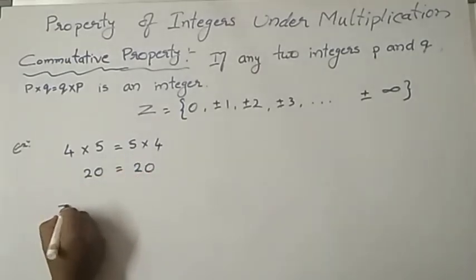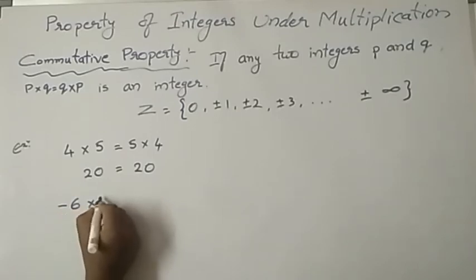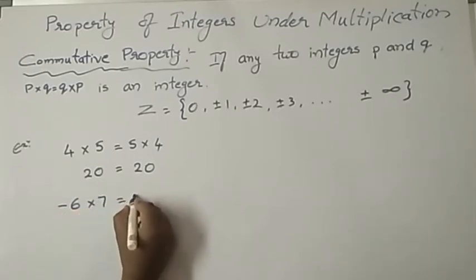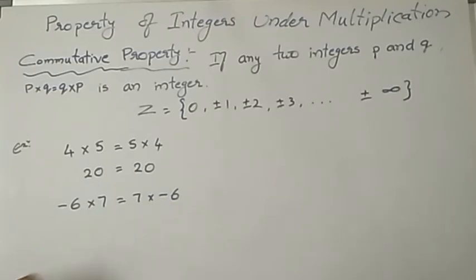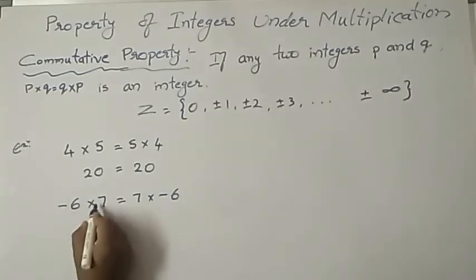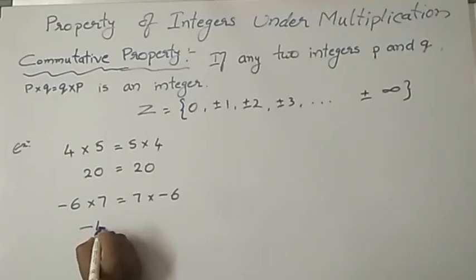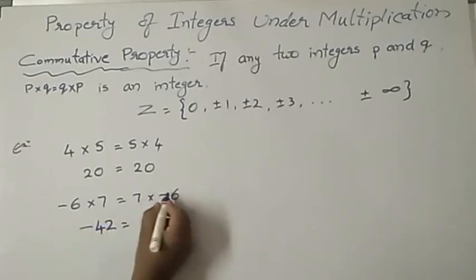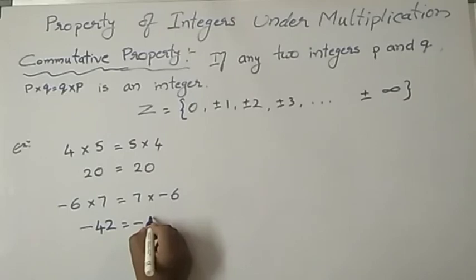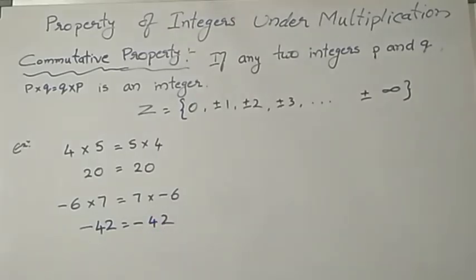If I take minus 6, 7, 7 minus 6. Minus into plus is minus, 6 sevens are 42. Plus into minus is minus, 7 sixes are 42.